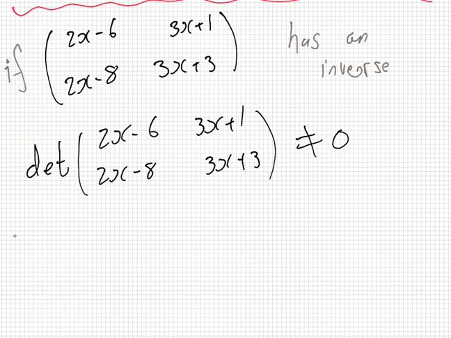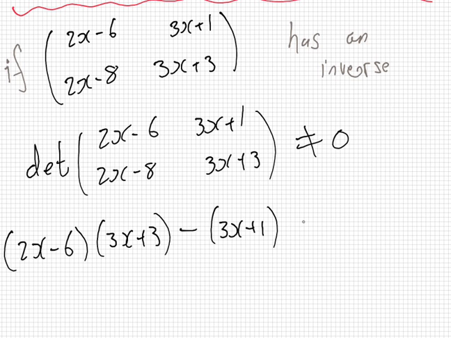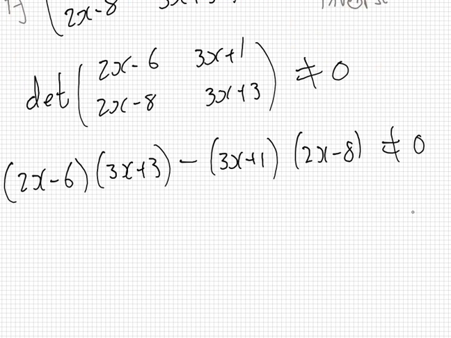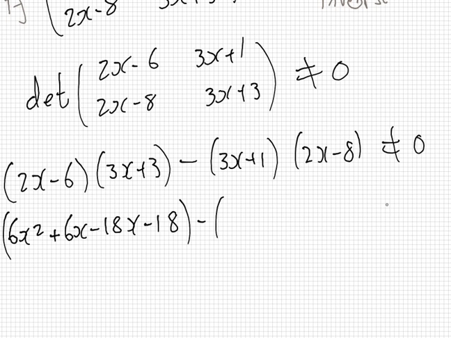So the determinant here, 2x minus 6, 3x plus 3, minus 3x plus 1, 2x minus 8, is not 0. If I multiply here, 6x squared plus 6x minus 18x minus 18, minus 6x squared minus 24x plus 2x minus 8.